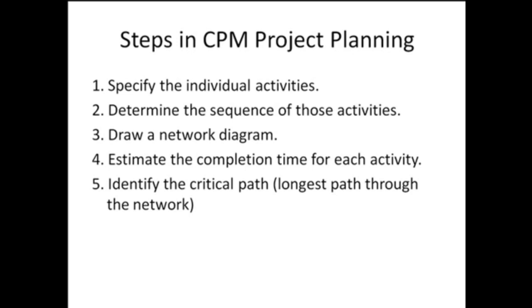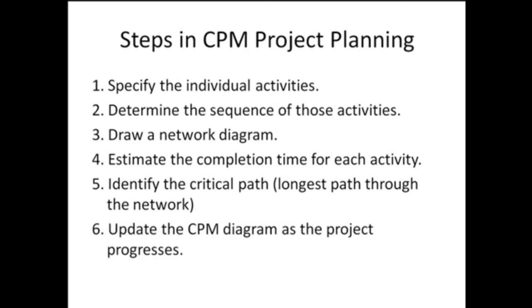Because of its impact on the entire project, critical path analysis is an important aspect of project planning. You'll update the critical path method diagram as the project progresses. As the project progresses, the actual task completion times will be shown, and the network diagram can be updated to include this information. A new critical path may emerge, and structural changes may be made in the network if the project requirements change.